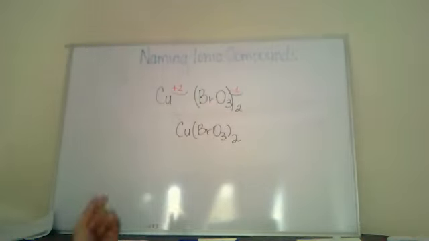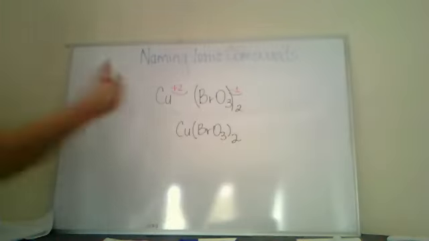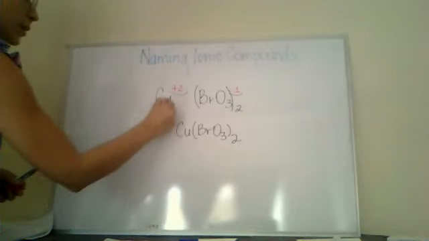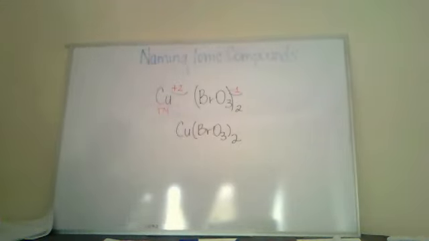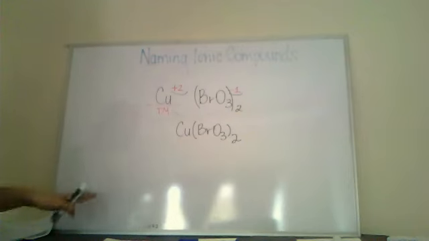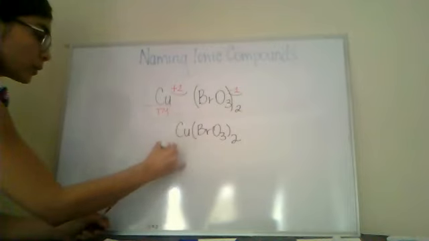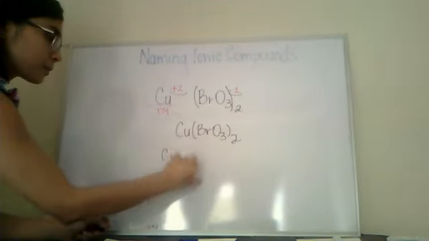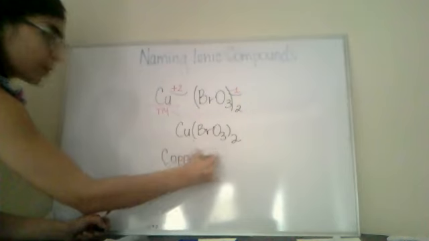Did you understand this example? Everybody's getting this? Yes, Miss. Okay. So now, copper is a transition metal. And the rule tells you that to name a transition metal, we need parentheses. So now we're going to put a parenthesis with the Roman numeral. So the name is copper, I open parenthesis.